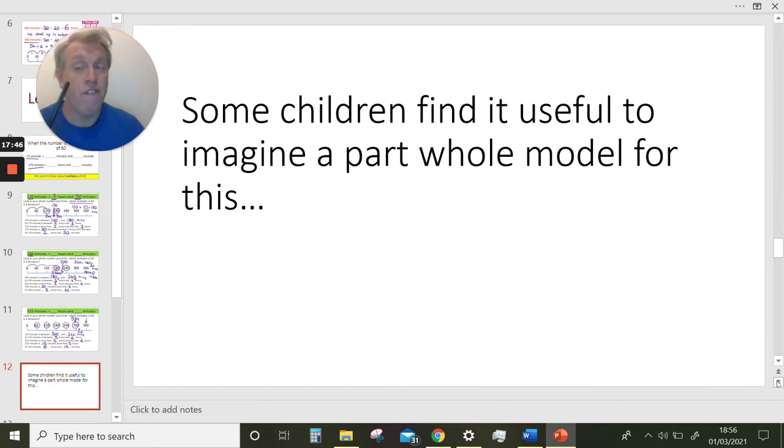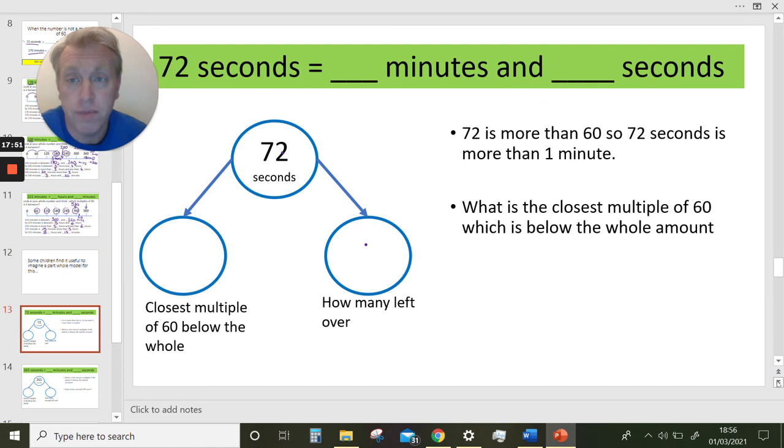Some children find it easier to imagine a part-whole model for this. I've done a seconds example here, but we've still got to count up in 60s, because it's still 60 seconds making 1 whole minute. 72 seconds. What's the nearest multiple of 60 that is below 72? Well, if I count up 60, 120, no, it's too many.